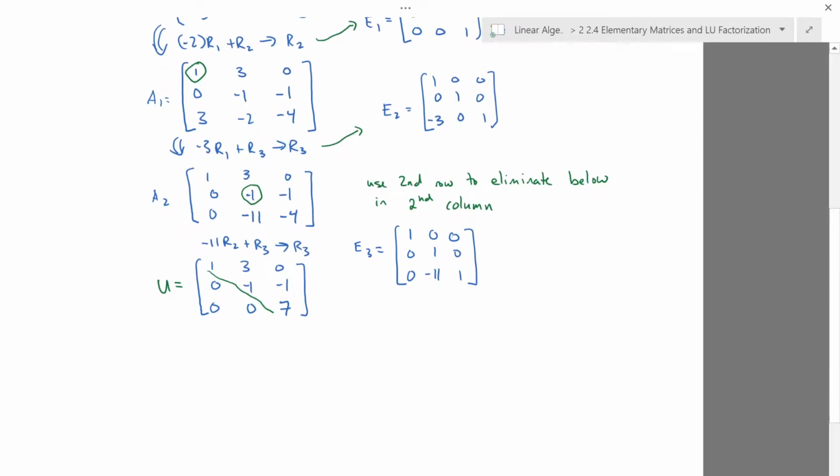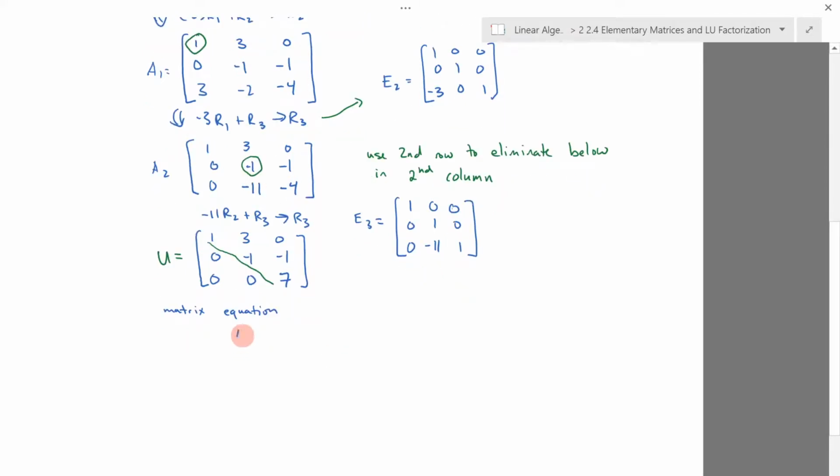The matrix equation is: I'm starting with A, then I apply the first elementary matrix, then the second, then the third, each individually on the left.